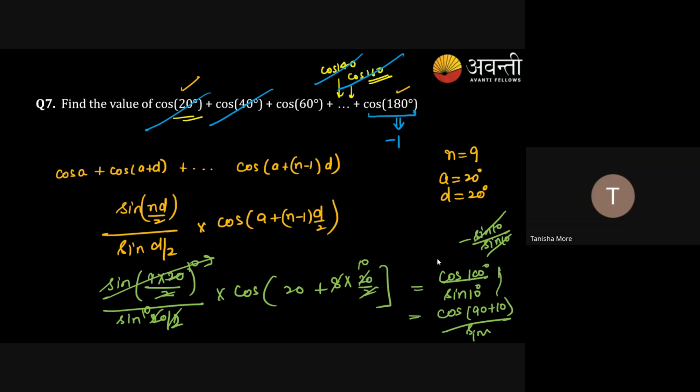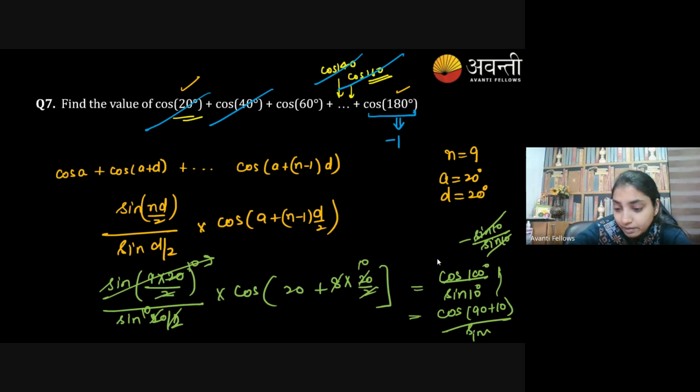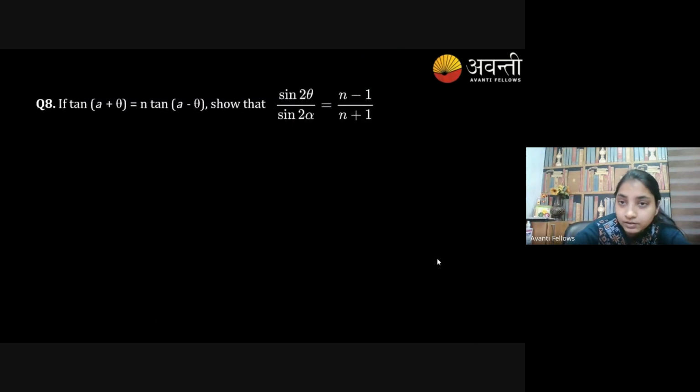Ma'am, but when the angles are given in radians, then the answer is not coming. I will show you the question again. So just let me know the approach for this question. Here it's alpha. It's a very obvious question, na? What should be the approach for this?